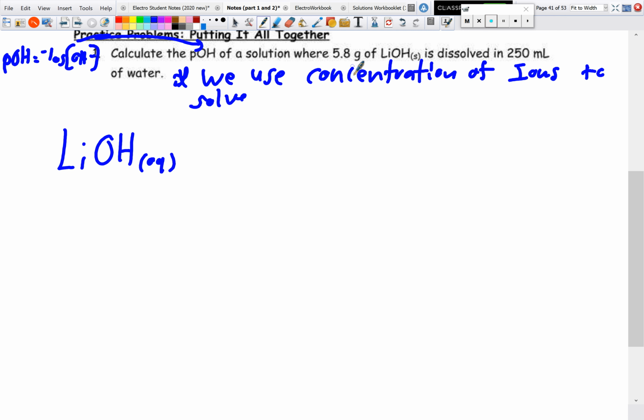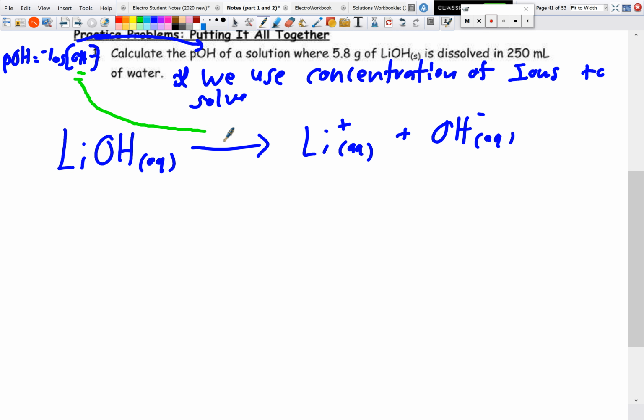So lithium hydroxide, being an ionic compound, will start off as a solid, but when we put it in water, it's going to dissociate into the lithium ion and the hydroxide ion. So this is why we need to do this concentration of ion step and figure out the concentration of this particular ion.